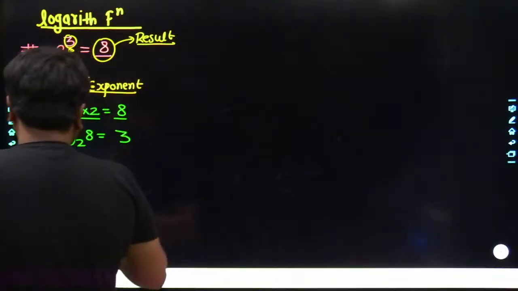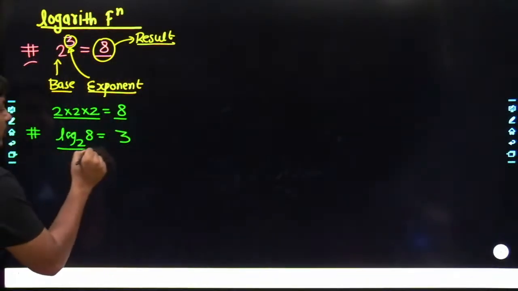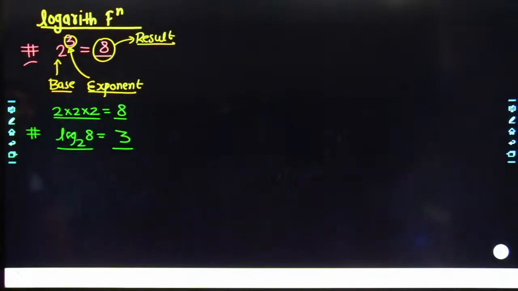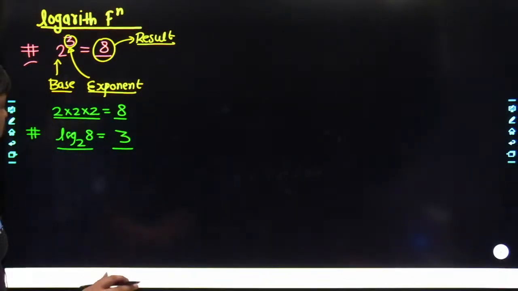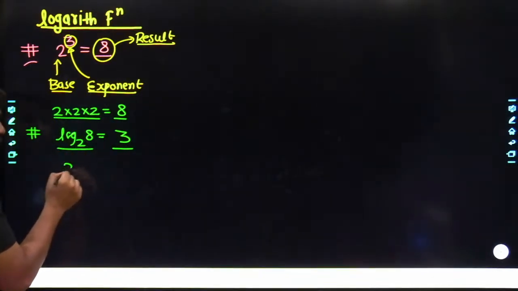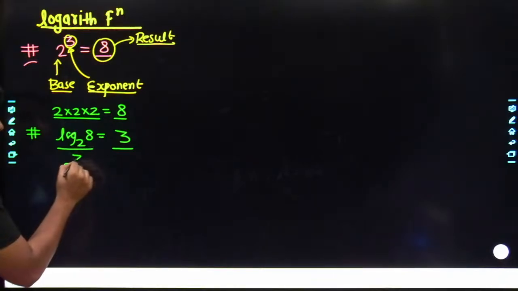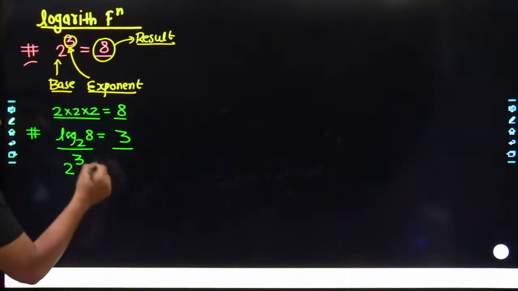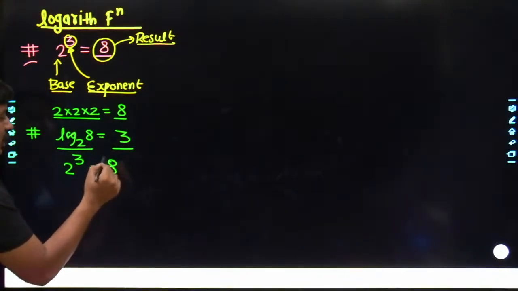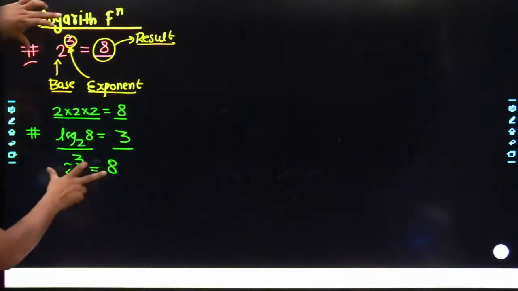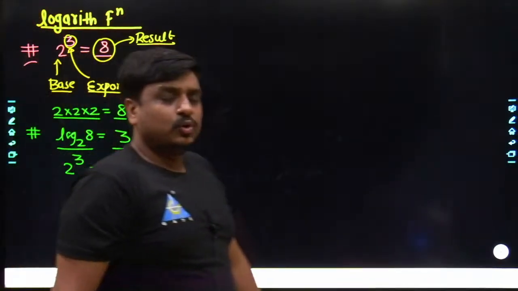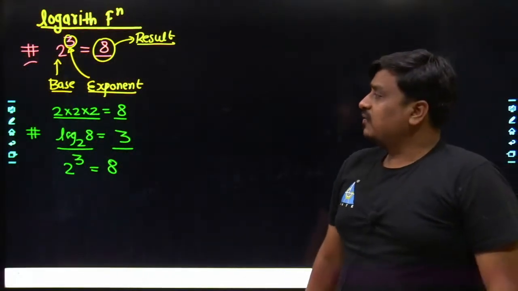Conversely, if you wanted to write log base 2 of 8 equals 3 in the form of an exponent, what would change? The base would remain the base, the result would become the exponent, and the exponent applied over the 8 would become the result. Yes, we are getting the same. Could you understand what I am saying?